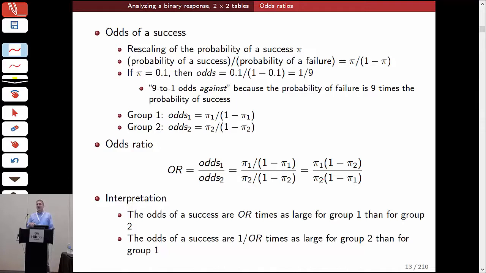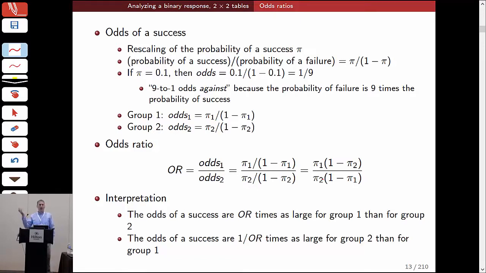Very often you'll see them interpreted as probabilities. But here are some standard interpretations. I think one of the reasons odds ratios are somewhat confusing at times is that there's more than one way to phrase an interpretation.